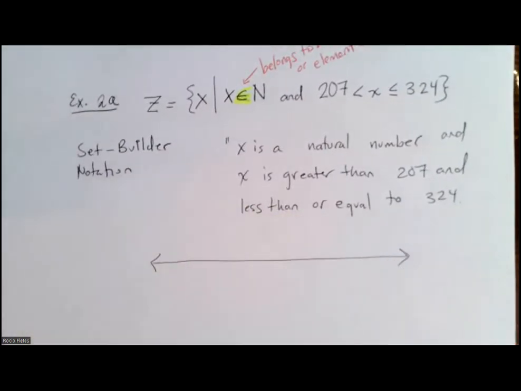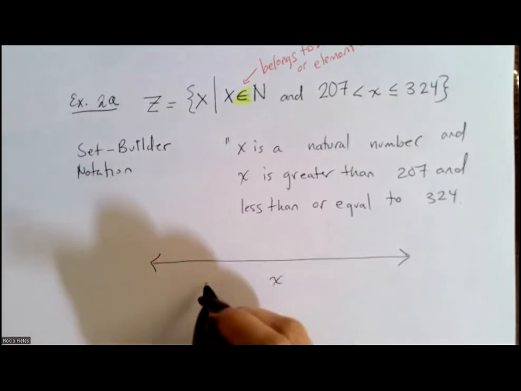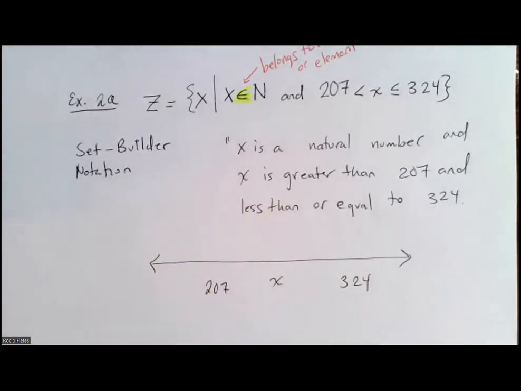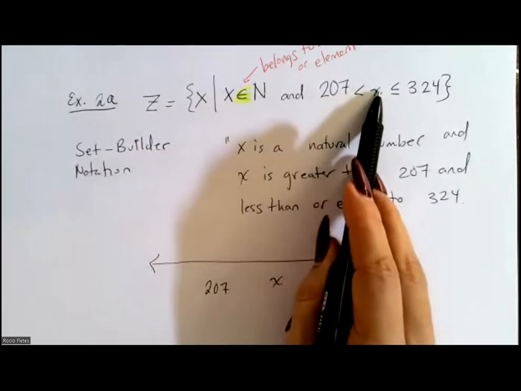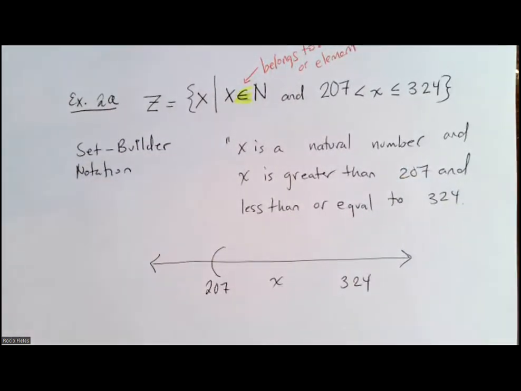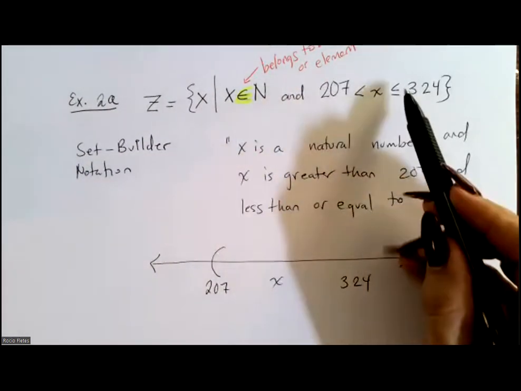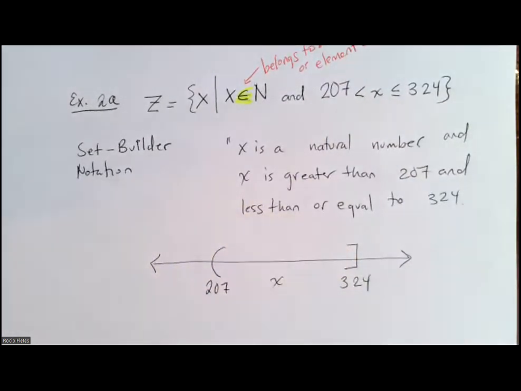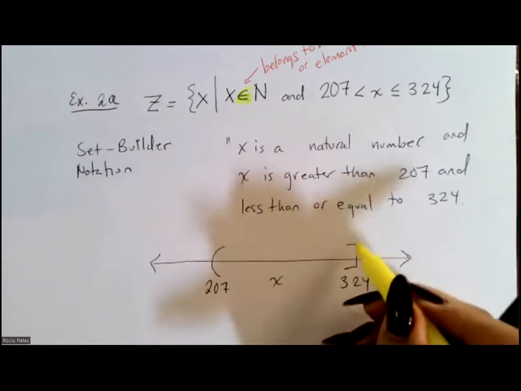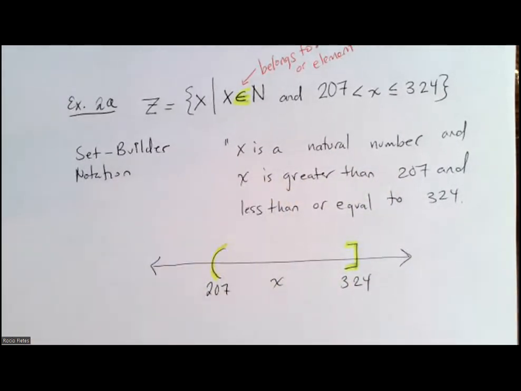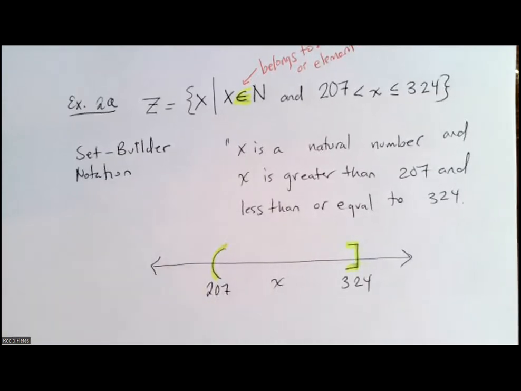So here is x, and x is between 207 and 324. It's greater than 207, so put a parenthesis around 207, and it can be less than or equal to 324, so I put a bracket. Bracket means that it can equal 324, and the parenthesis means that it cannot equal 207.